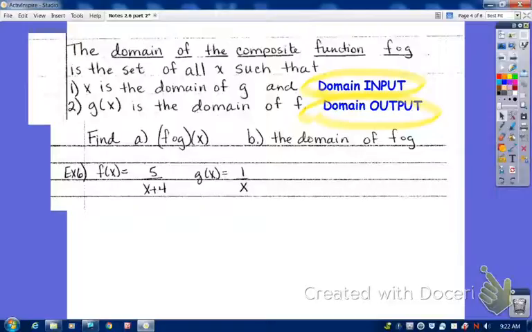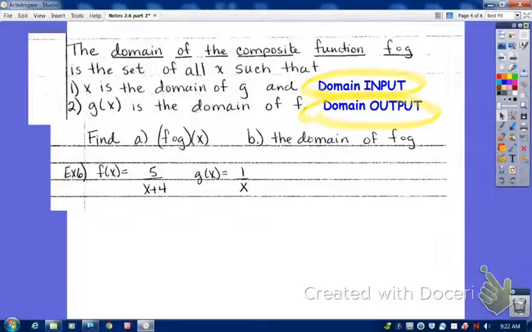But write it right here. When you're finding the domain of a composite function, you have to consider the domain of the input, that's what you're putting in, and you have to consider the domain of the output, that's what you're getting out. And I'll explain clearly what's the input, what's the output when we look at a problem.